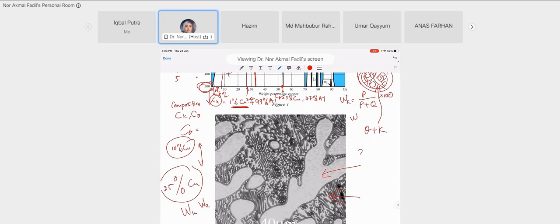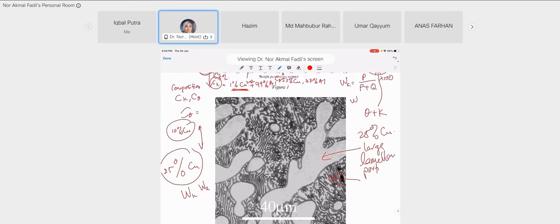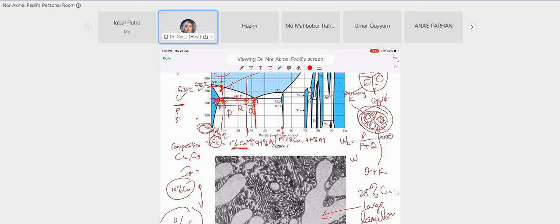So the 25% copper alloy in aluminum has a large lamellar portion. More lamellar structure, higher strength can be achieved. So by applying knowledge of the phase diagram, you can relate it to the mechanical properties. From that basis, you can design for improvement.